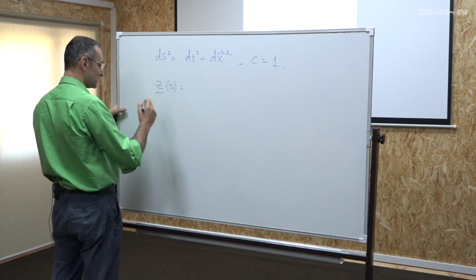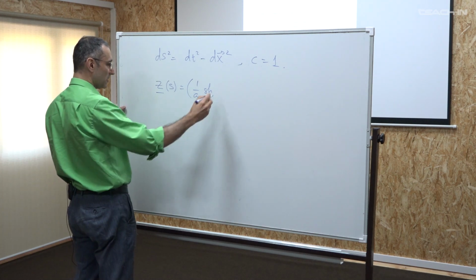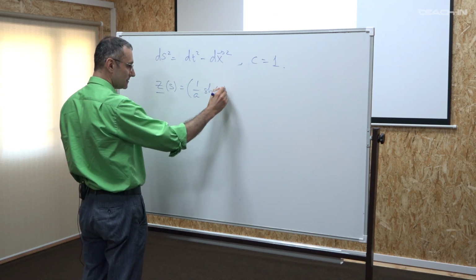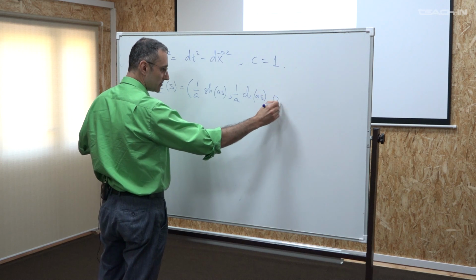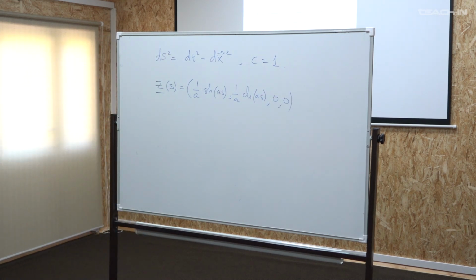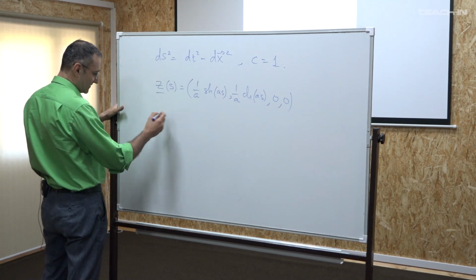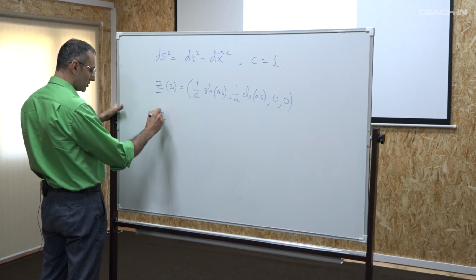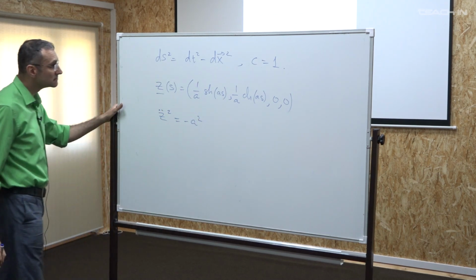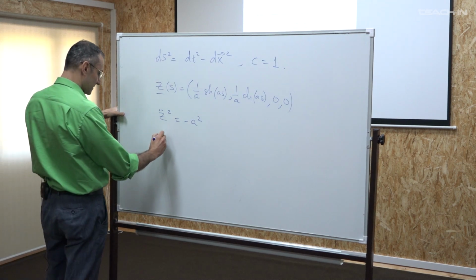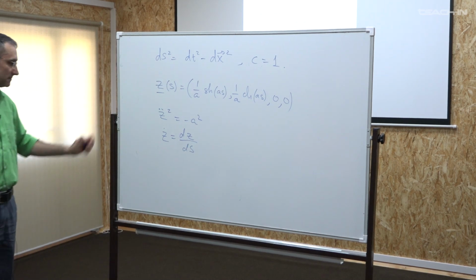It's a 4-vector: 1 over a times sinh of as, 1 over a times cosh of as, 0, 0. So I consider accelerative motion along the first axis, and it's very easy to check that z dot squared is minus a squared, where z dot is just dz over ds, and s is a proper time.